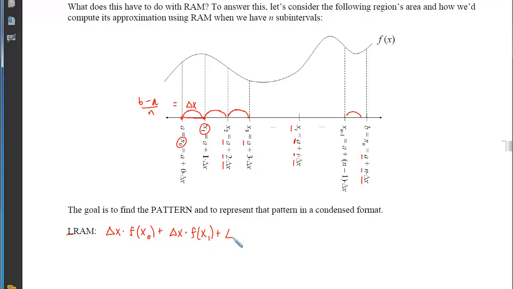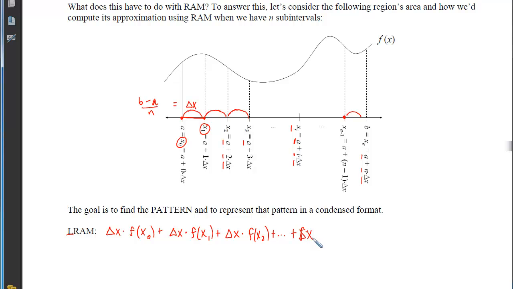plus my third rectangle would be delta x times f of x sub 2, and I would continue on until my final rectangle. On my final rectangle, my left-hand edge will come from x sub n minus 1 plugged into the function.